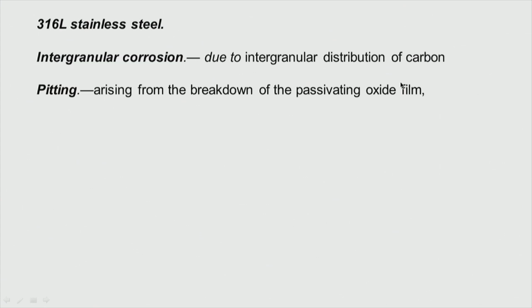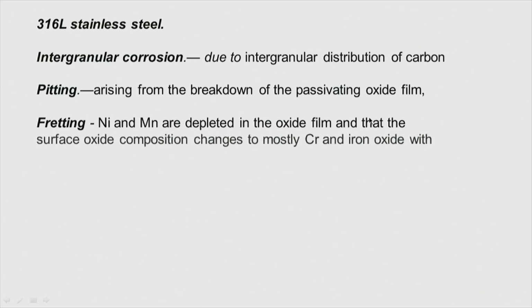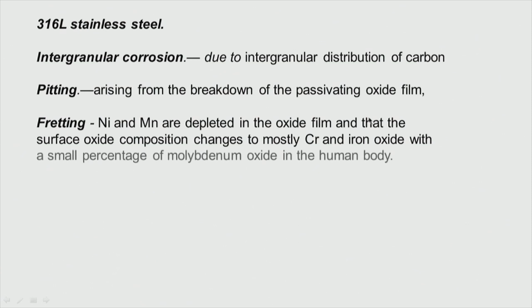So, there could be pits formed as the oxide layer gets fretting. Nickel and manganese are depleted in the oxide film, and the surface oxide composition changes mostly to chromium and iron with a small percentage of molybdenum in the human body. So, these start going out, that is called fretting.